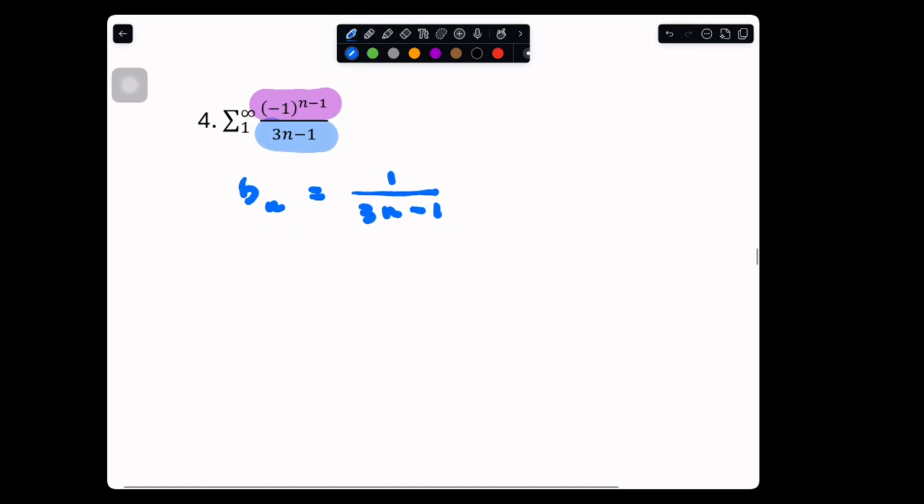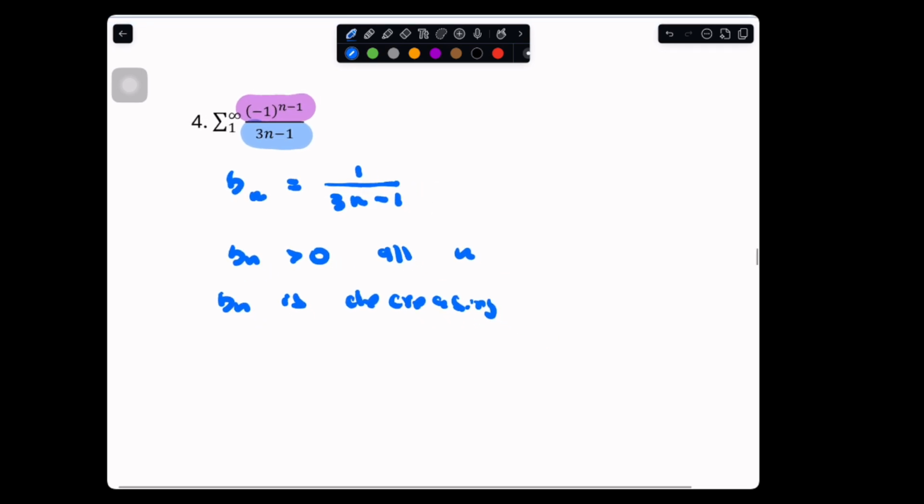What do I know about Bn? It's positive for all n. And is it decreasing? It's decreasing. Yeah, it is. Is it getting smaller? The denominator is getting bigger. The numerator stays the same. So 1 over something getting bigger is getting smaller.